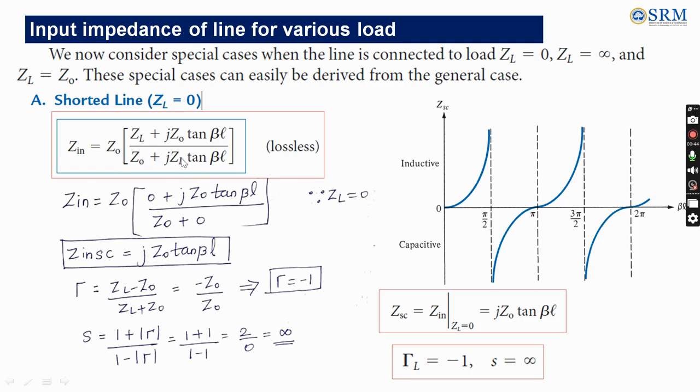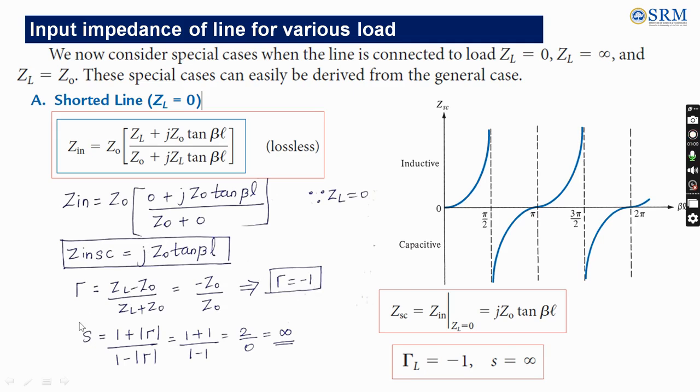Substituting this in the impedance formula, Z0 cancels, and j Z0 tan beta L is the input impedance for the short-circuited line. We apply the same ZL equal to zero in the reflection coefficient formula, and we get minus Z0 by Z0, which turns out to be -1.